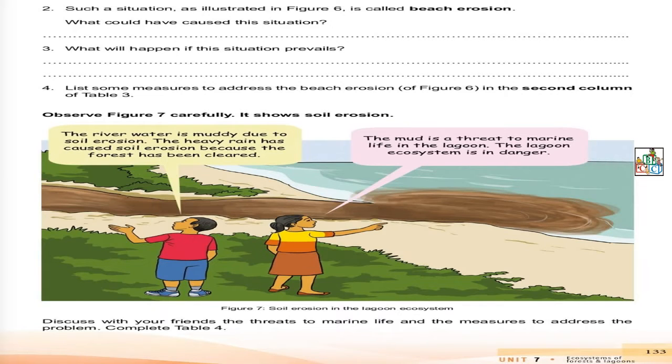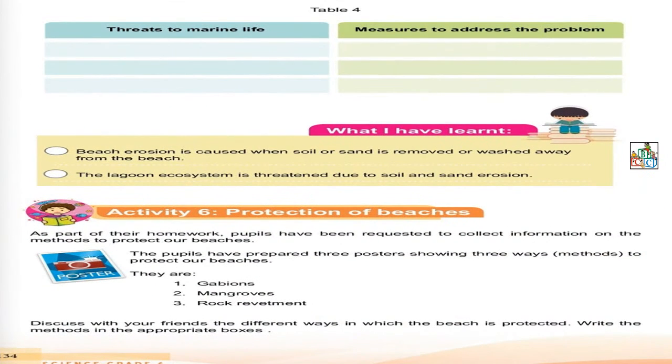Discuss with your friends the threats to marine life and the measures to address the problem, and you will complete table 4. Let us take a look at table 4, which has the questions: threats to marine life and measures to address the problem. So here let us discuss the threats to marine life. How are marine animals in danger?